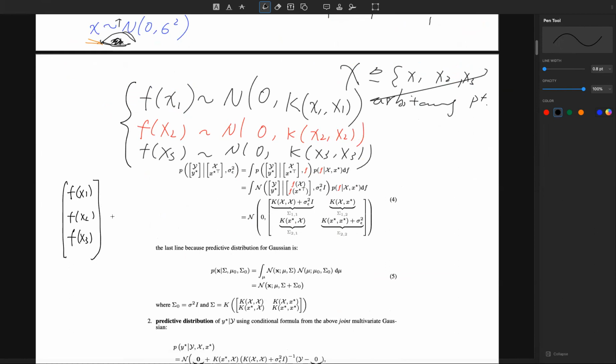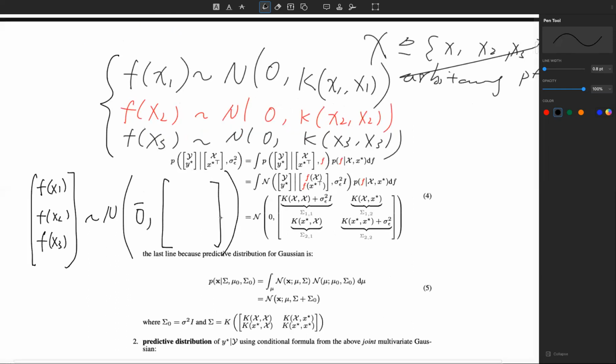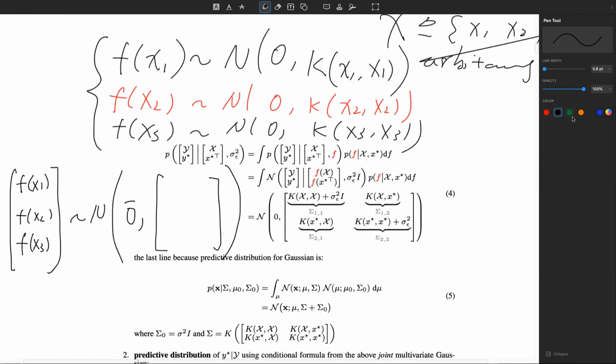They will be distributed using a Gaussian distribution of zero mean, a 3D vector mean, so it's 0, 0, 0. And they will have a covariance matrix. Guess what the value of this covariance matrix is? Firstly, it's 3 by 3. What's the value of this covariance matrix?